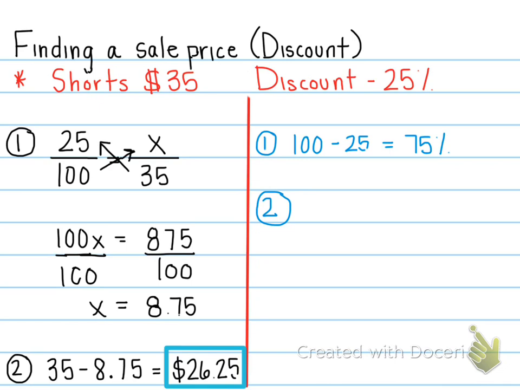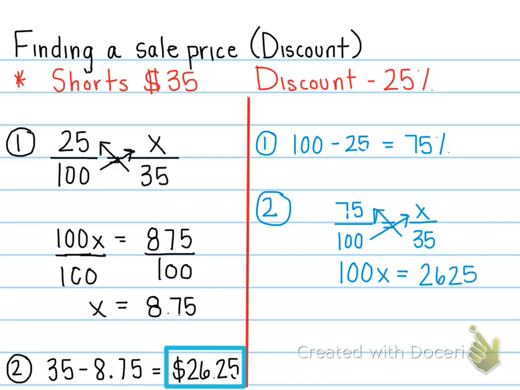So now what you're finding is 75 over 100 equals how much out of 35? 100 times X is 100X. 75 times 35 is 2625. Divide by 100.